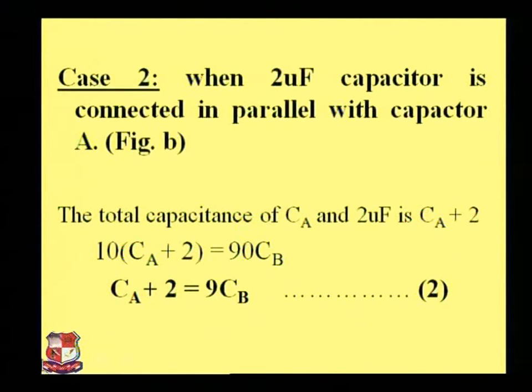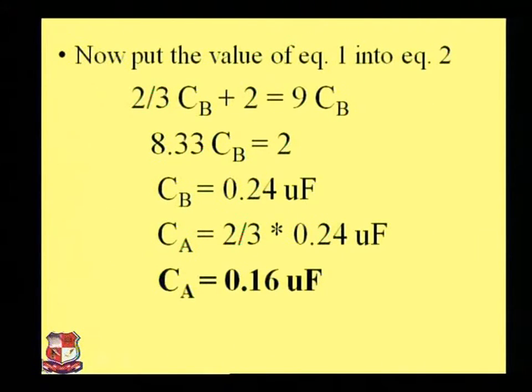Now comparing equation 1 and equation 2, putting the value of Ca from equation 1 into equation 2, we get 2 by 3 Cb plus 2 equals 9 Cb.